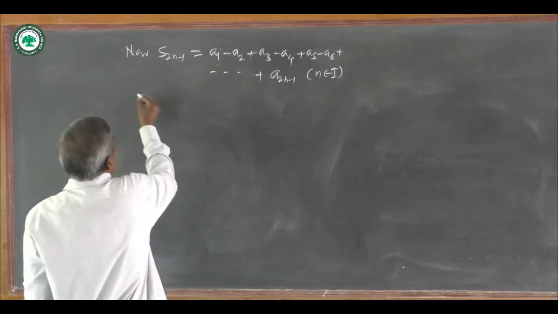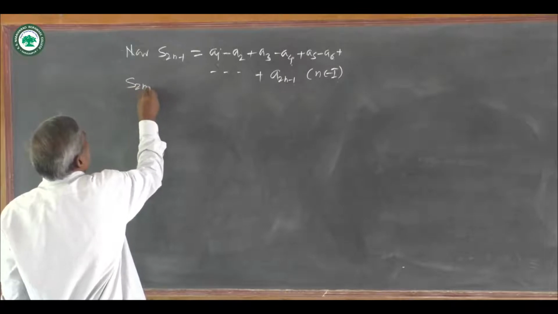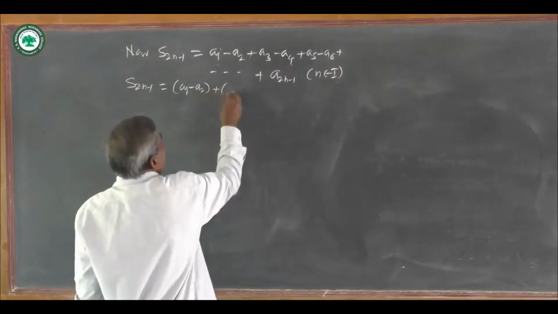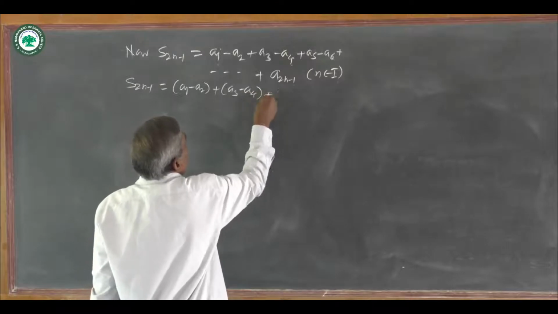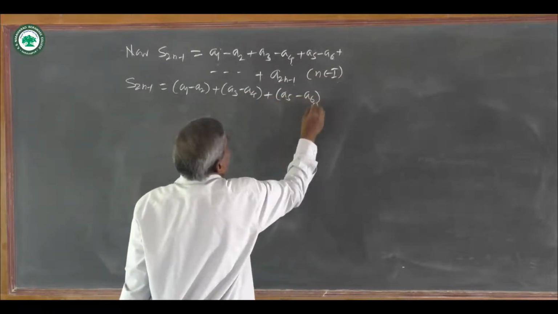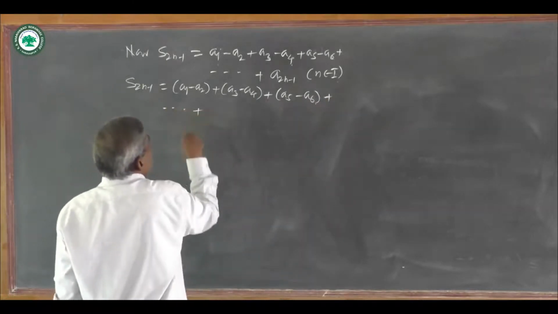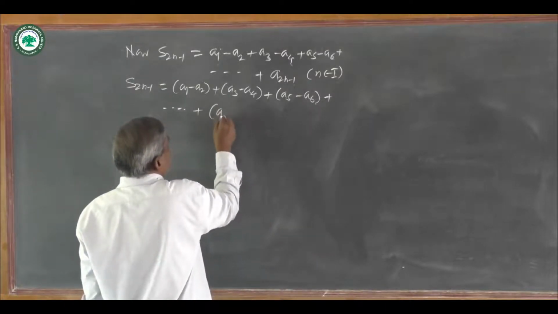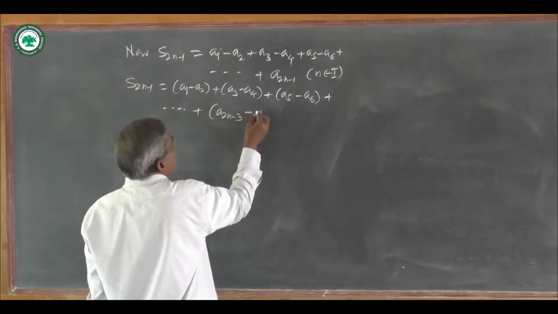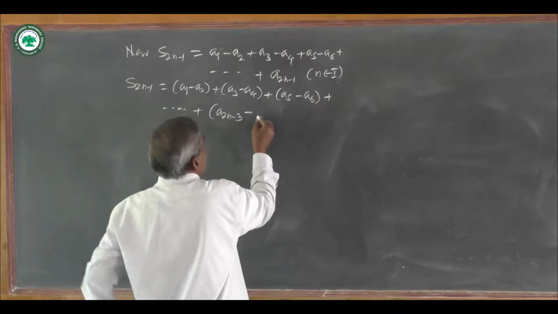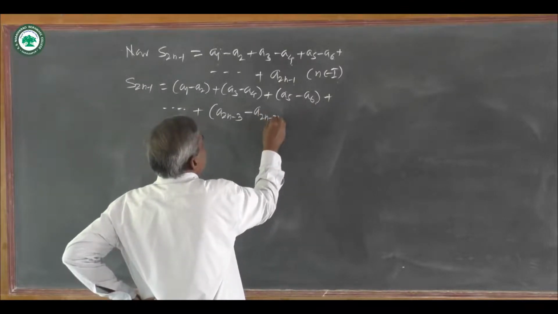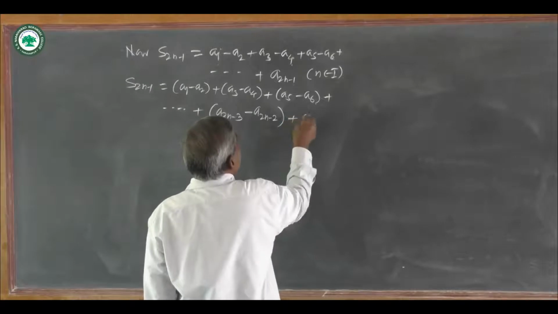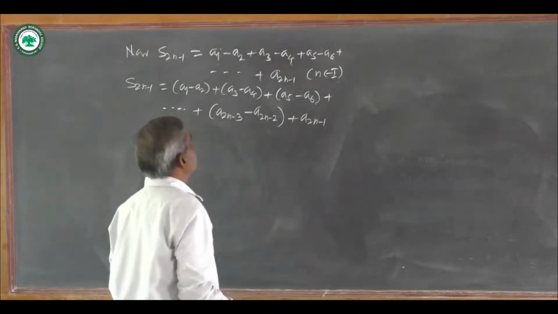We write S suffix 2n minus 1 is equal to A1 minus A2 plus A3 minus A4 plus A5 minus A6 plus and so on, last but one term, that is A suffix 2n minus 3 minus A suffix 2n minus 2. Next is A suffix 2n minus 1.